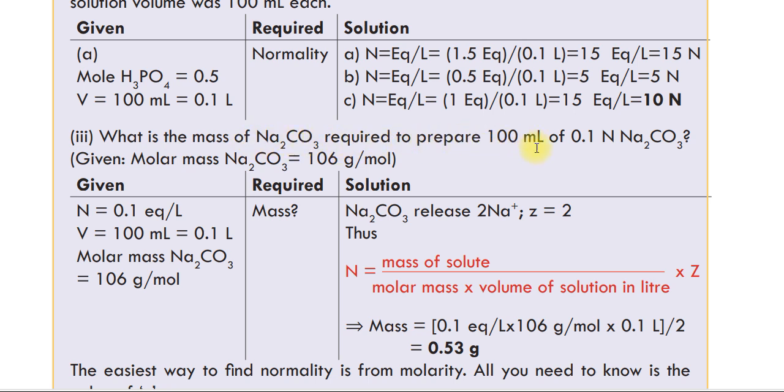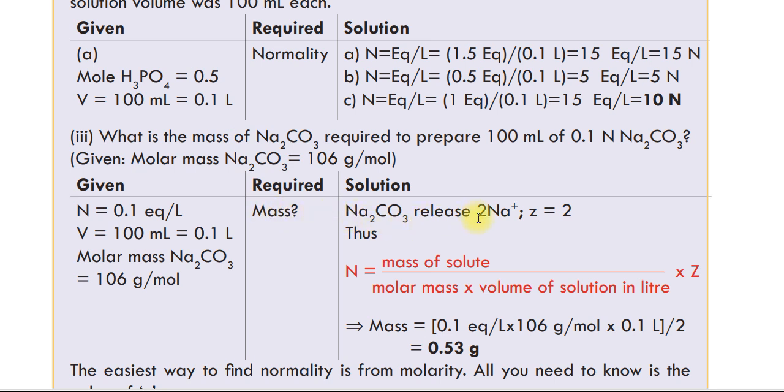In the end, what is the mass of sodium carbonate required to prepare 100 ml of 0.1 normal sodium carbonate ነው የሚለው። Given: molar mass ተሰጥቷል, so normality 0.1 equivalent per liter, and volume 100 ሚሊ ሊትር, and molar mass of sodium carbonate 106 ተብሎ ተሰጥቷል. Required mass ነው what mass ስለሚል.